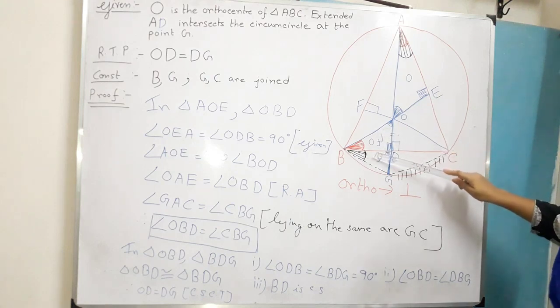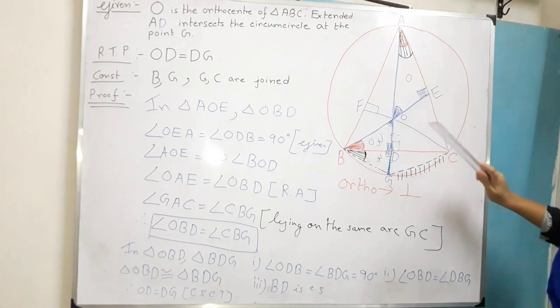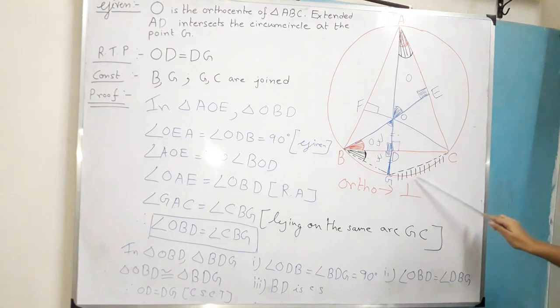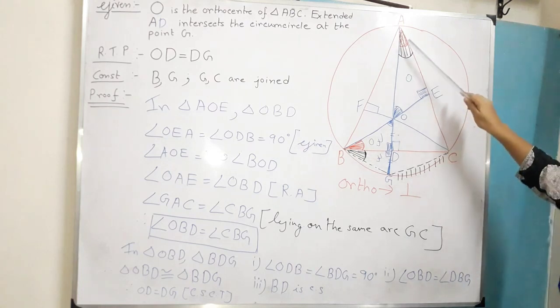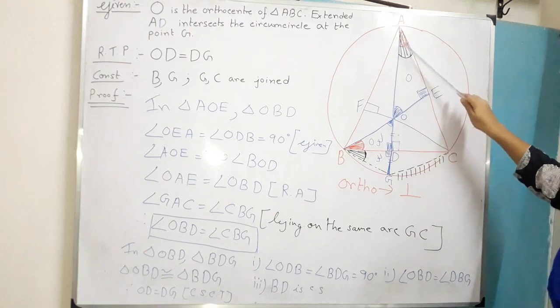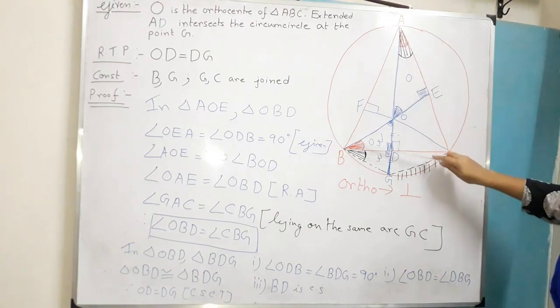Before that I have to show one more thing. Since the arc is GC here, both the angles GBC and GAC lie on the same arc GC, so both are equal. Now we observe that these two are equal, these two are also equal. That means these two are equal.